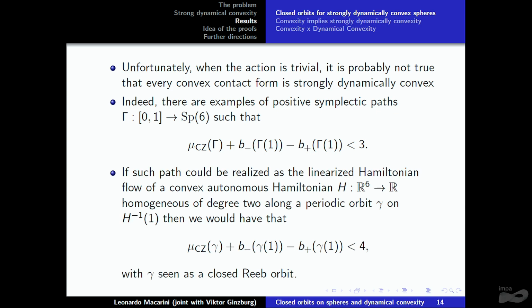So in particular, if this symplectic path can be realized as the linearized Hamiltonian flow of a convex autonomous Hamiltonian homogeneous of degree 2 along a periodic orbit, then the corresponding contact form would be convex, but not strongly dynamically convex with respect to the trivial action.